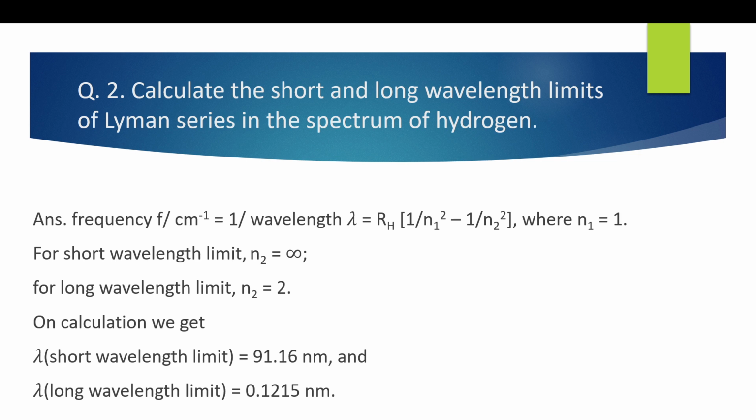For short wavelength limit, n2 is infinity. For long wavelength limit, n2 is 2. On calculation, we get lambda for short wavelength limit as 91.16 nanometer, and lambda for long wavelength limit as 0.1215 nanometer. Based on this formulation, many other numericals should be tried.